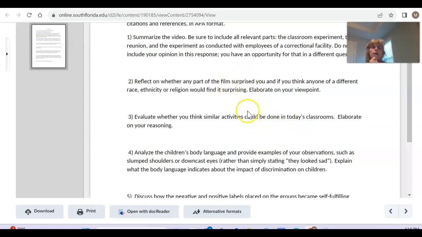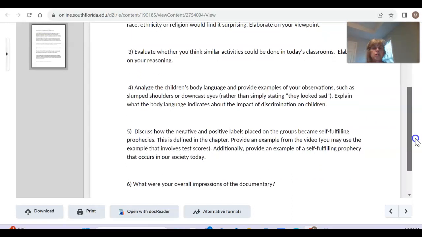Again, 75-word minimum each to get all your points. Then you're going to look at everybody's body language. Look at these kids in the third grade classroom specifically, and tell me some examples of their body language. For example, slumped shoulders or downcast eyes, and explain what their body language says to you about how discrimination impacted them.